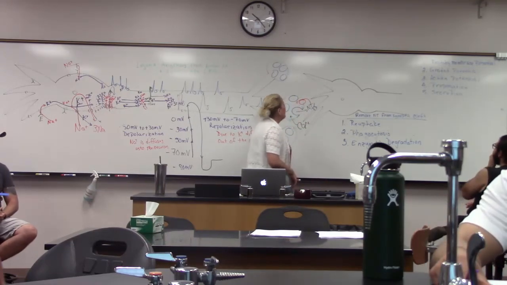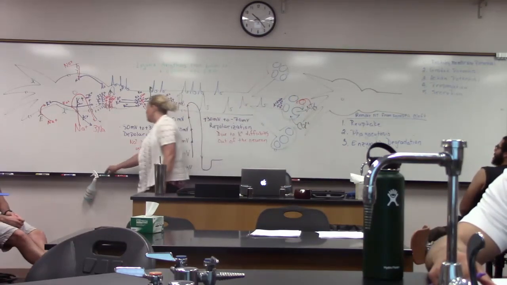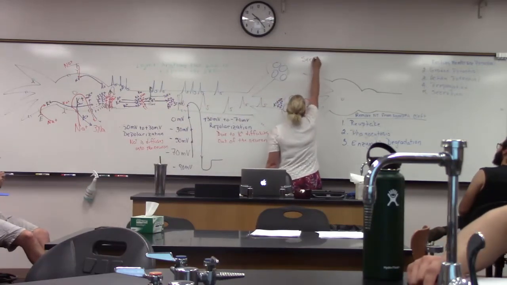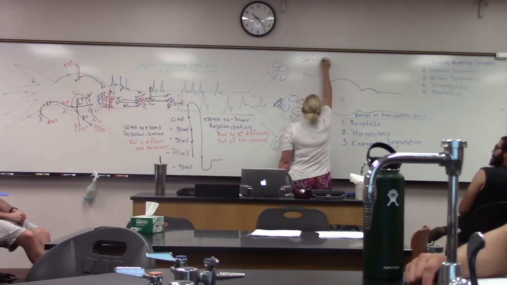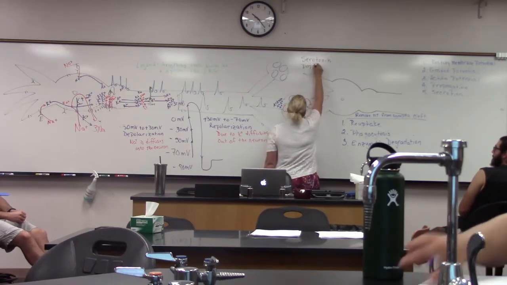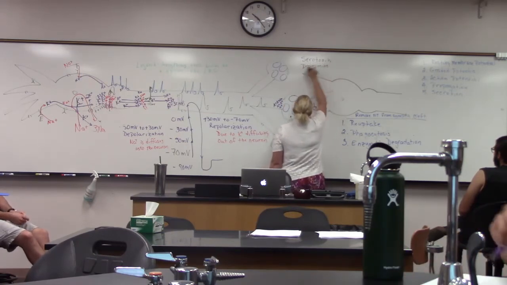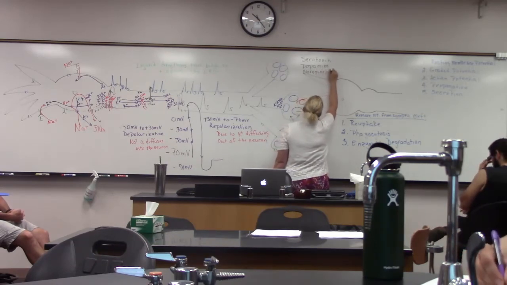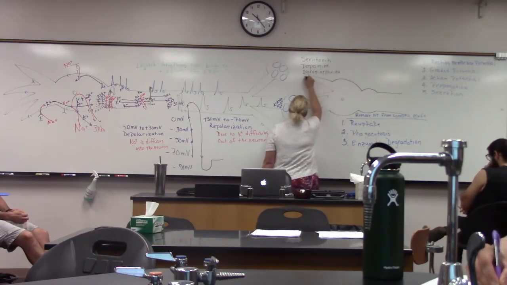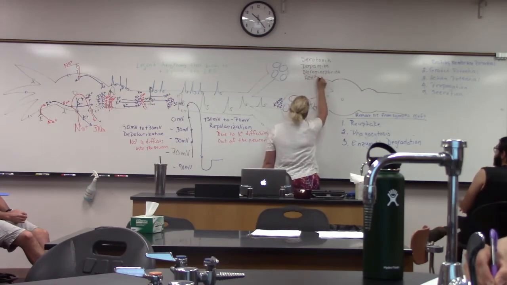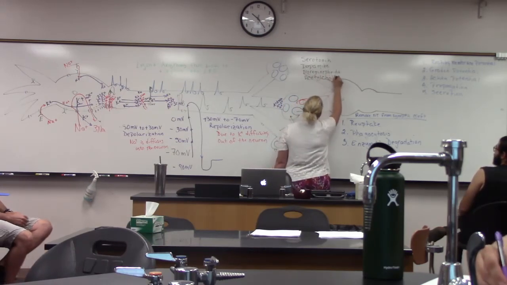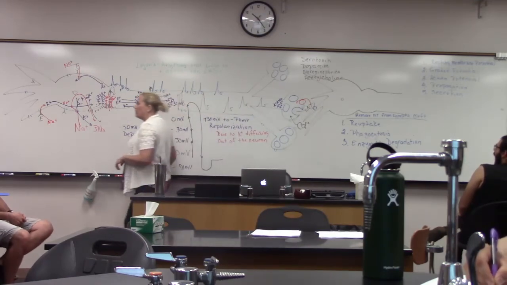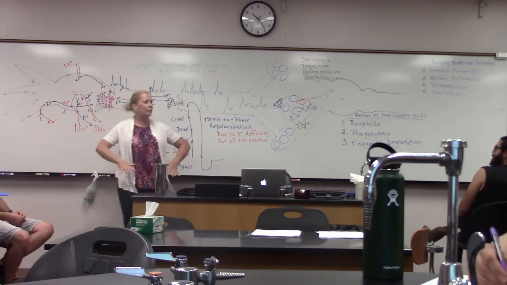So for instance, some of these neurotransmitters would be things like serotonin and dopamine, norepinephrine, acetylcholine. These are basically the neurotransmitters that we find that make people feel happy.